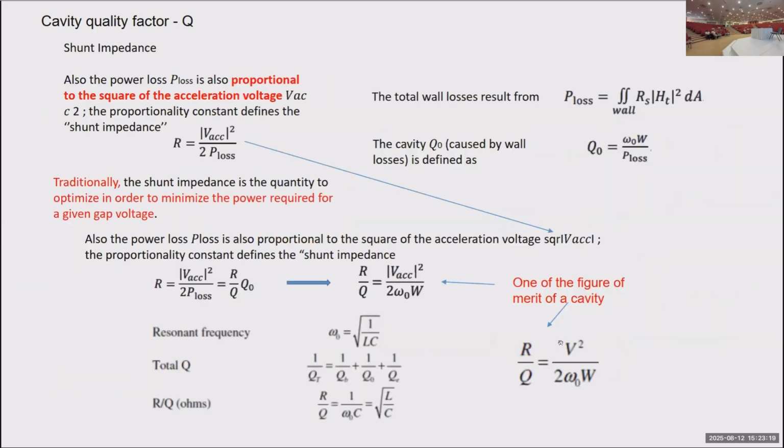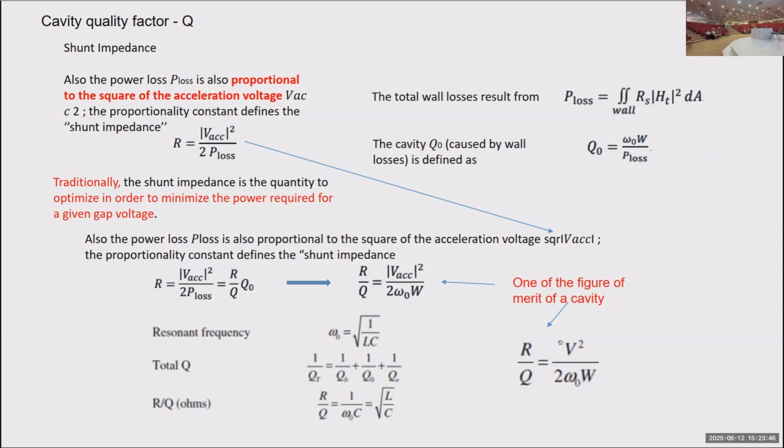And another definition: everything is the same, and the loss is directly proportional to the square of the acceleration voltage. If you take it further, then you can get the R/Q in ohms here.